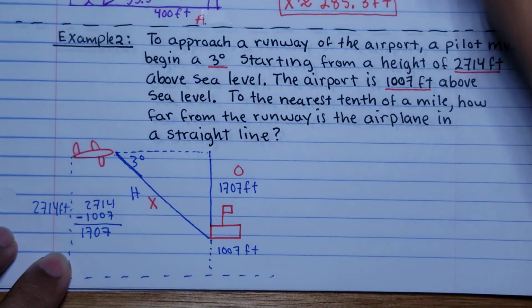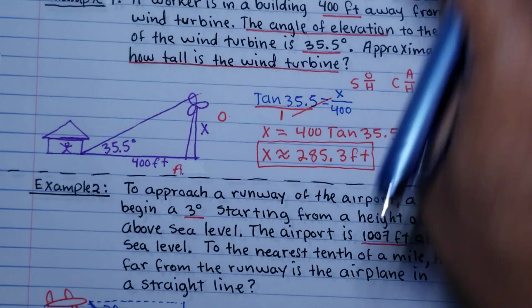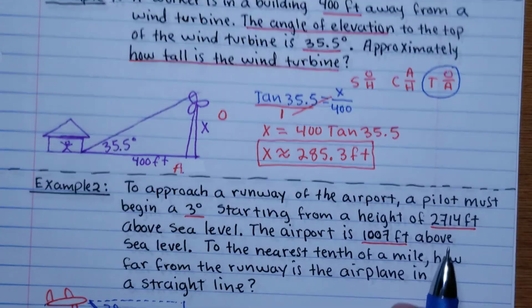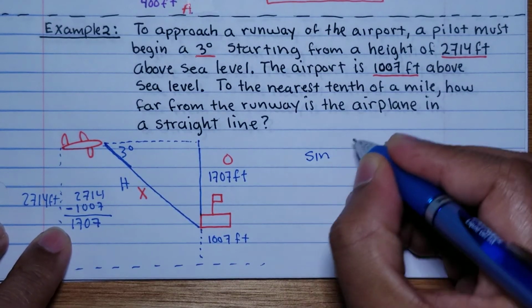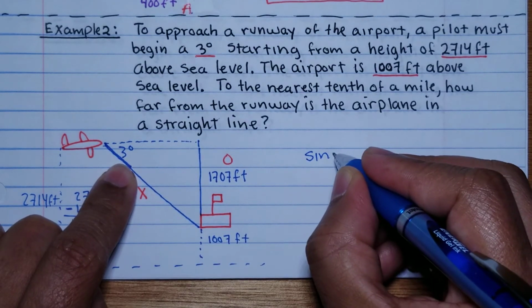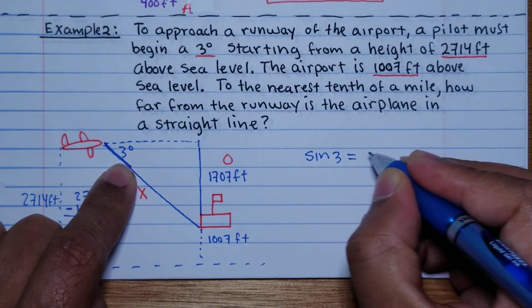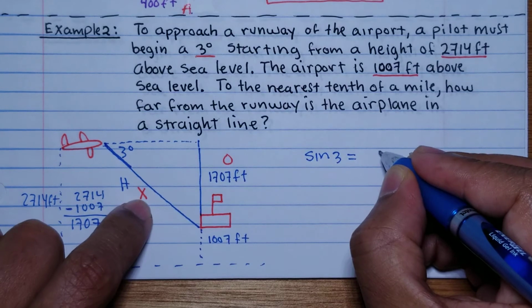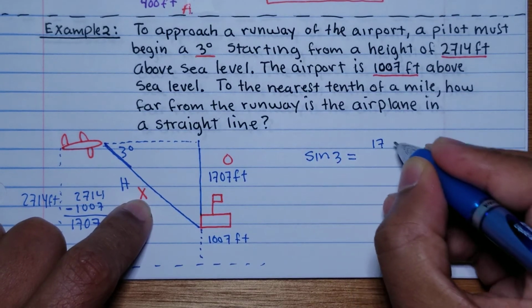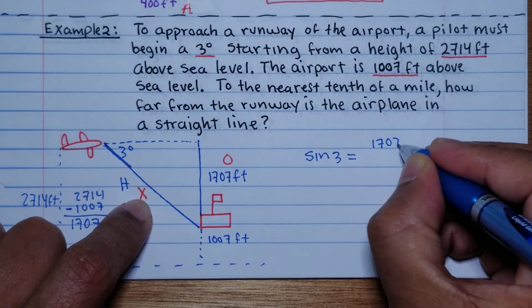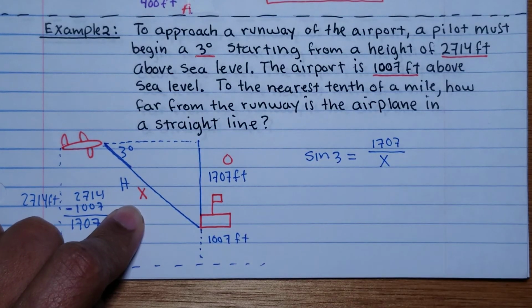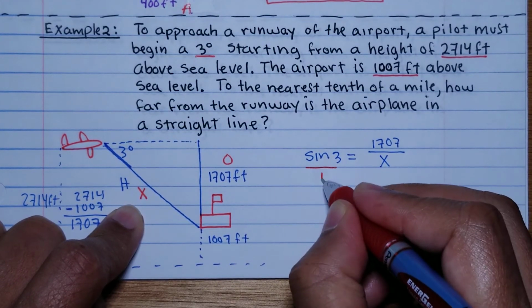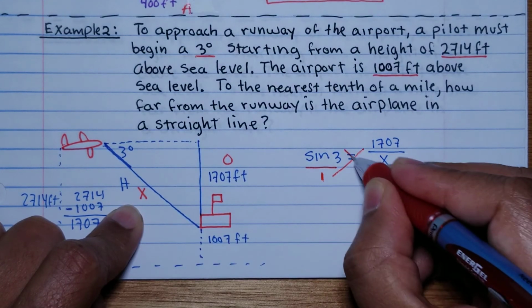So we have O and H, which means, going back to this one here, we use sine. So then the setup is sine of the angle, 3 degrees, is equal to opposite over hypotenuse. So the opposite is 1,707, and the hypotenuse is what we don't know. And again, write a 1 so we can work this out as a proportion.